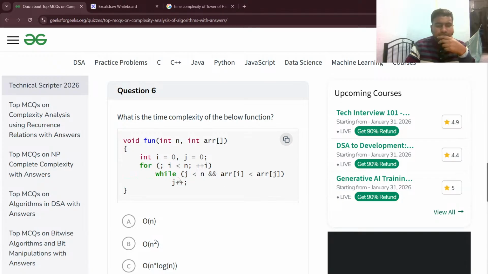Let's check the inner loop. What the inner loop says is that the value of j is 0, j is less than n and ARR of i is less than ARR of j, then j plus plus.